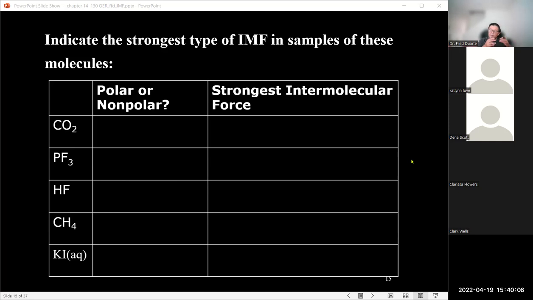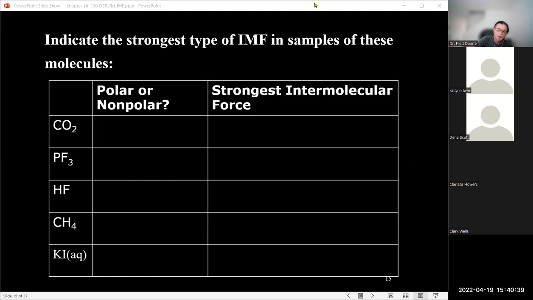Because remember, from the Lewis-dot structures, we came up with the general formula AXE. AXE then tells us, based on the shapes table, the geometry of that molecule. And that geometry then tells us, depending on the polar bonds, whether they cancel or not, whether it's polar or non-polar. Okay, so we haven't dropped the Lewis-dot structures. We still need to use them if needed.